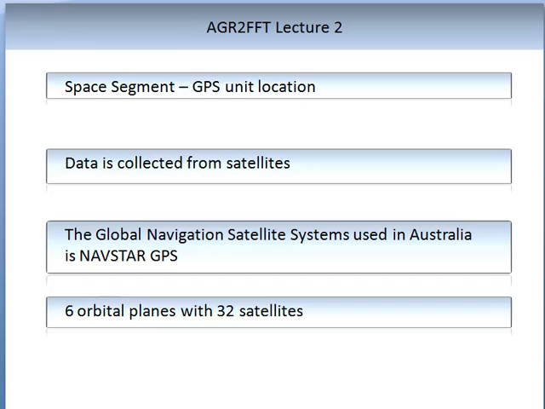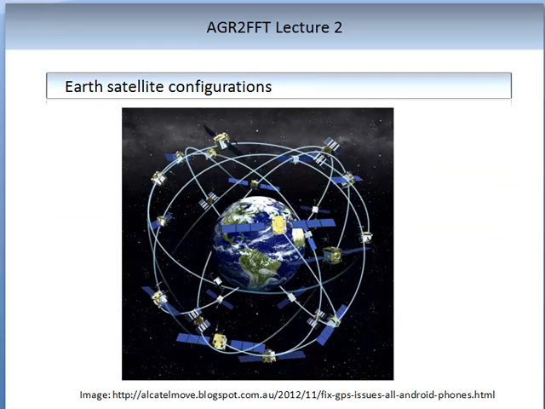The Navstar uses 6 orbital planes and 32 satellites to enable location determination. The image on the screen will help you to understand how the system works. Each satellite rotates around the Earth's surface in an orbit. The orbits are shown on this image by lines.